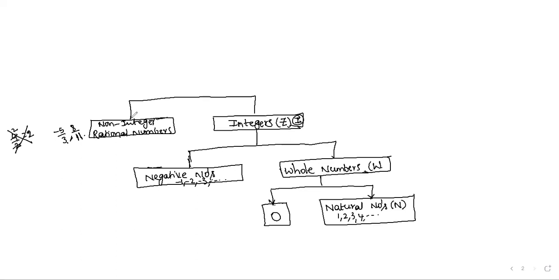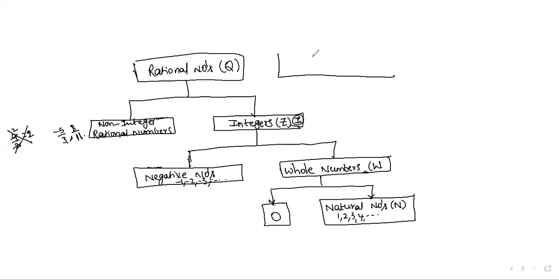Combining these two, we get another set, that is rational numbers. Rational numbers are denoted by capital Q. Combine the rational numbers with another set called irrational numbers.